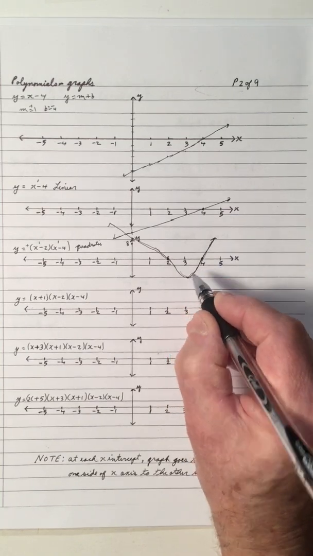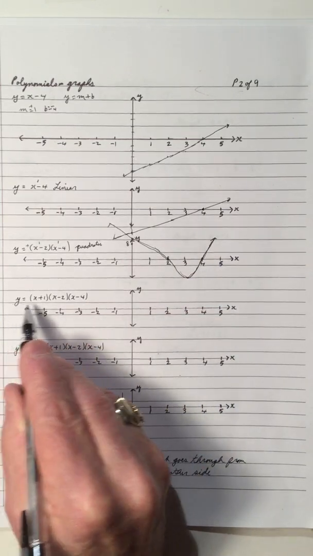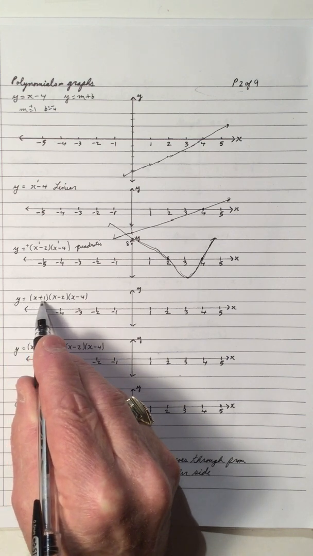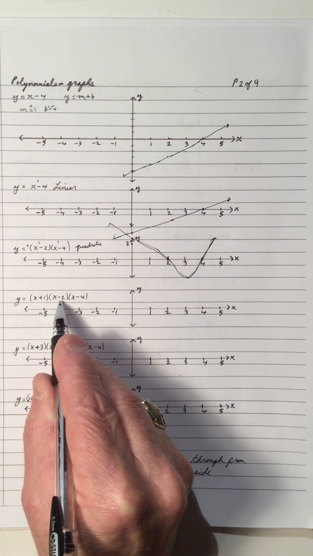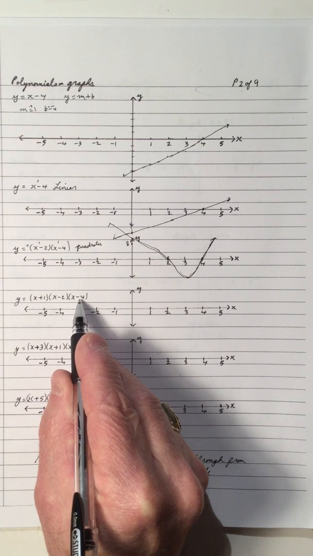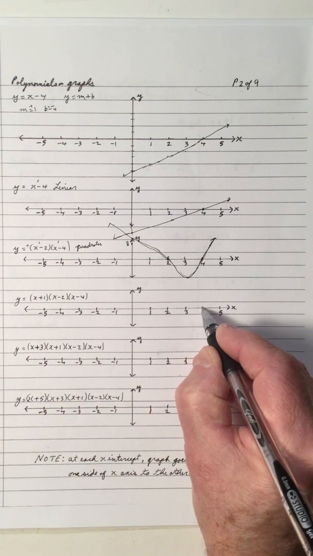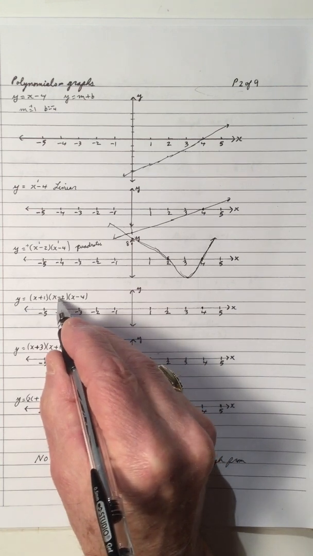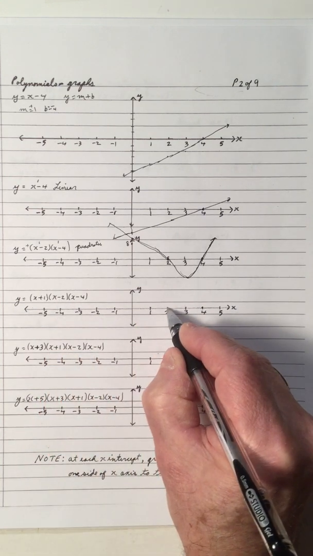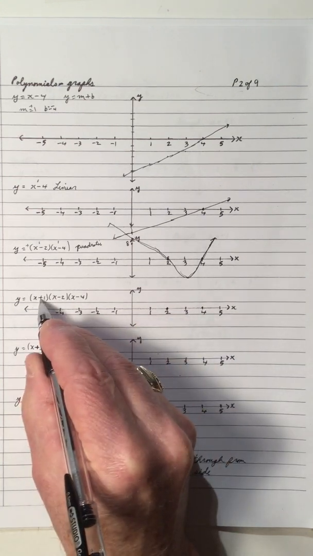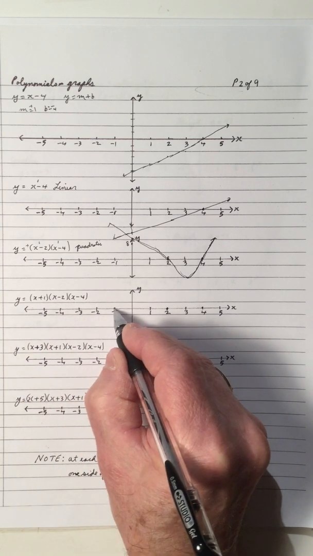Now let's go on to the next one. We have x plus 1, x minus 2, x minus 4. The x-intercept right here is 4, the x-intercept right here is 2, and the x-intercept right here is -1.